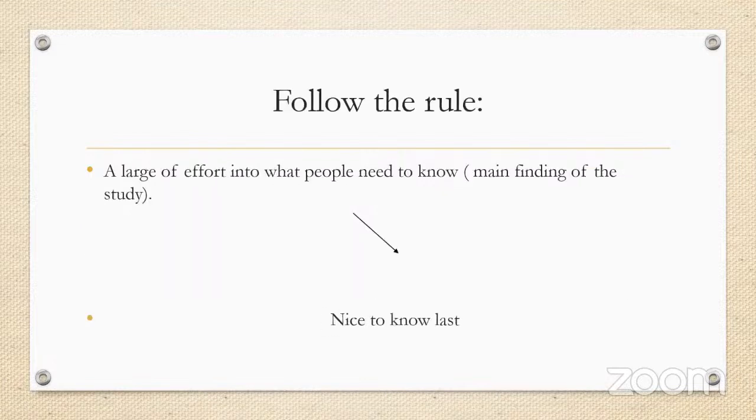Always follow the rule: put a lot of effort into what people need to know, the main finding of the study, and put the nice to know last. Always put the major part of your research, or the major conclusion of your research, in the core of the poster.